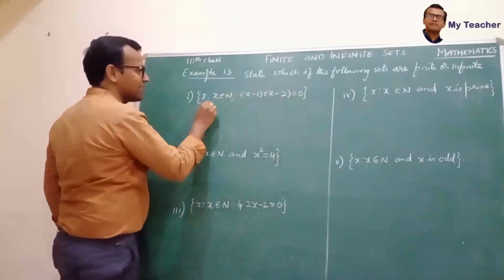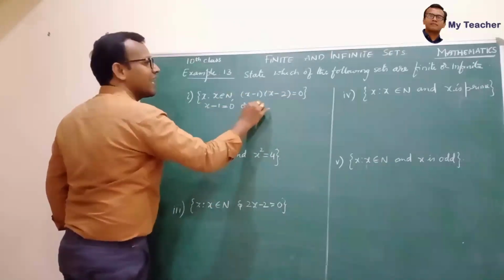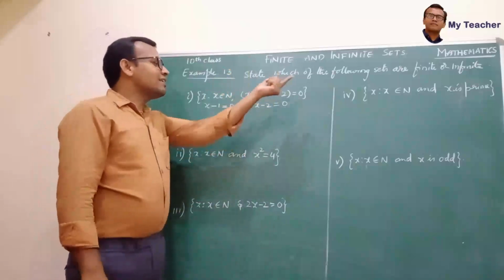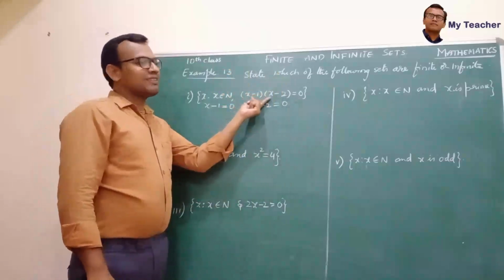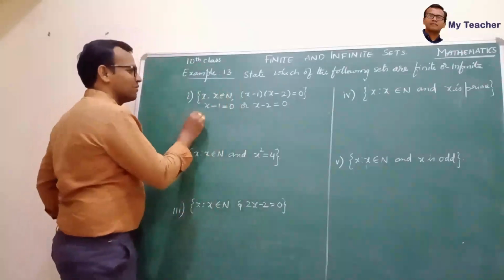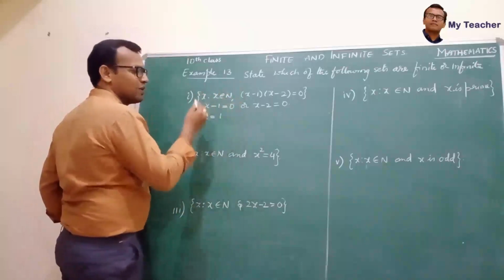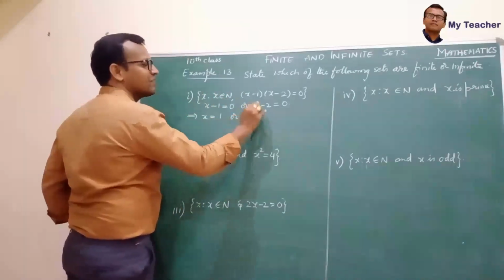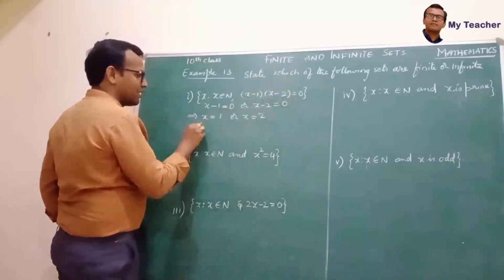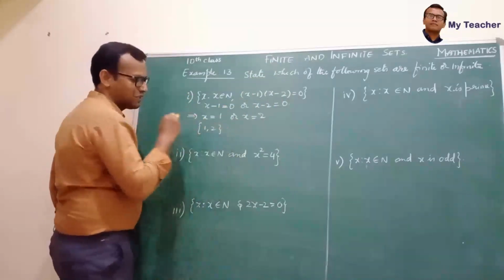So x minus 1 is equal to 0 or x minus 2 is equal to 0. Why? Because when the product of two things is equal to 0, one of them must be 0. So x is equal to 1, or x is equal to 2. Then the set contains the elements 1 and 2.